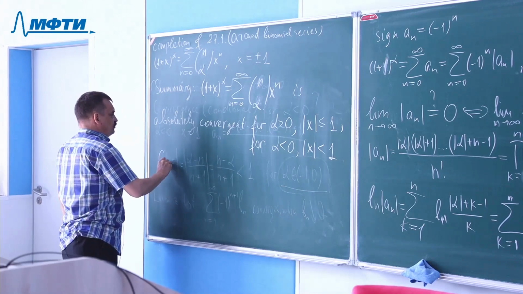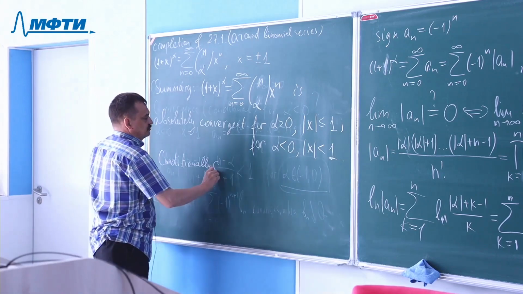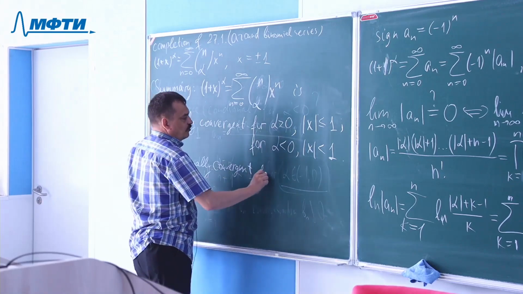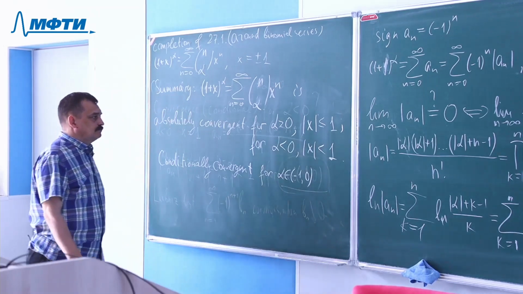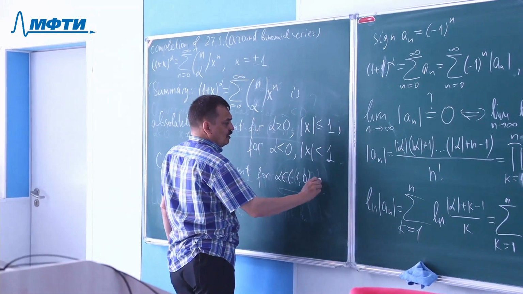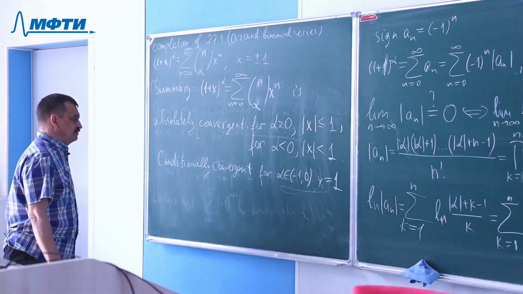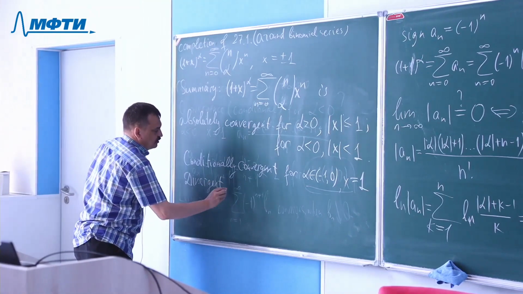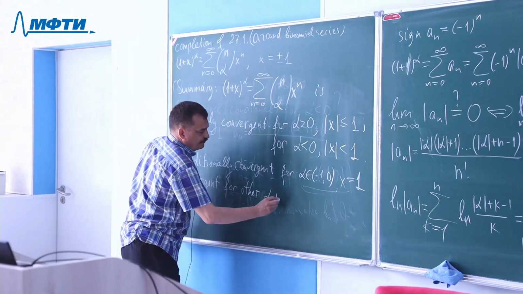And conditionally convergent for alpha from minus 1 to 0, x equals to 1, and divergent for other alpha, x.